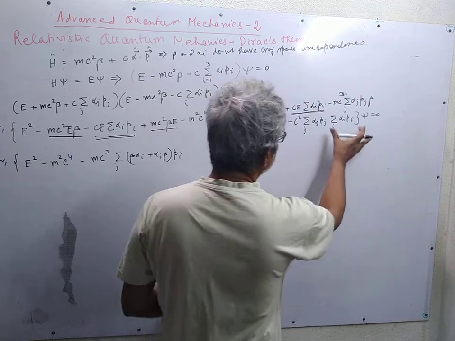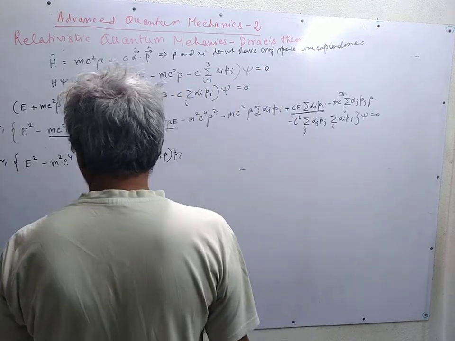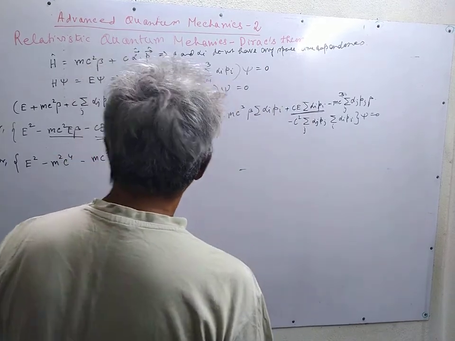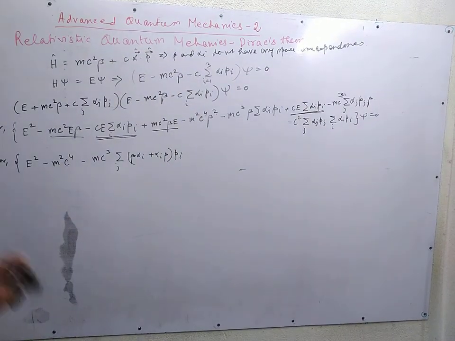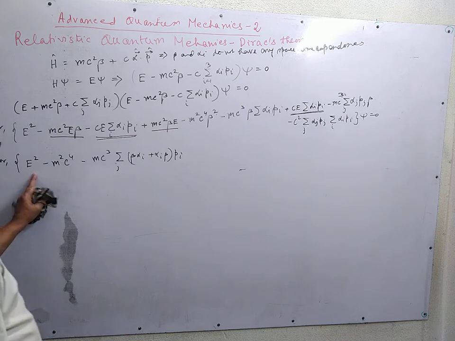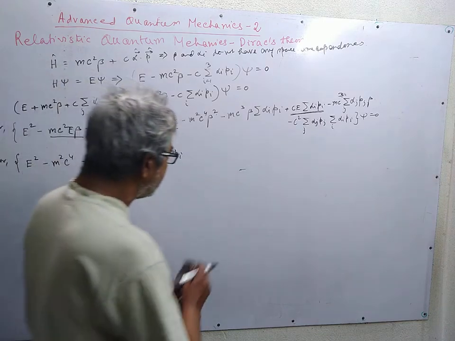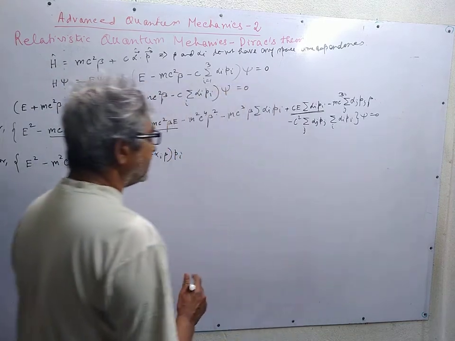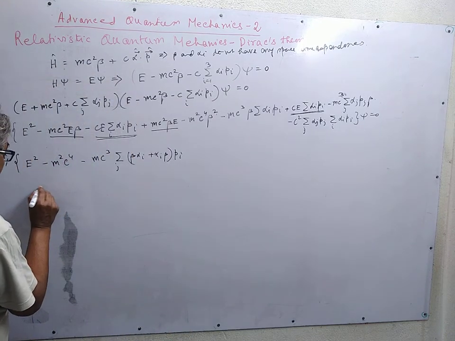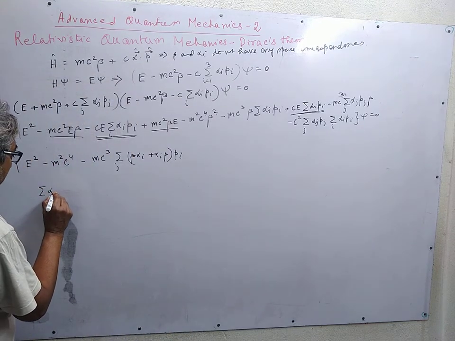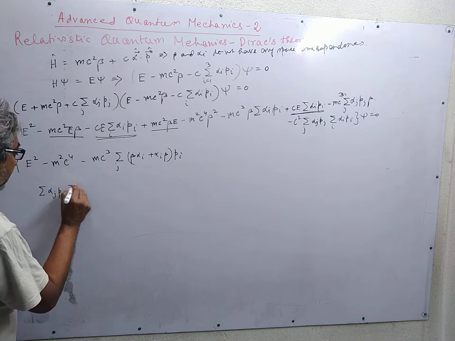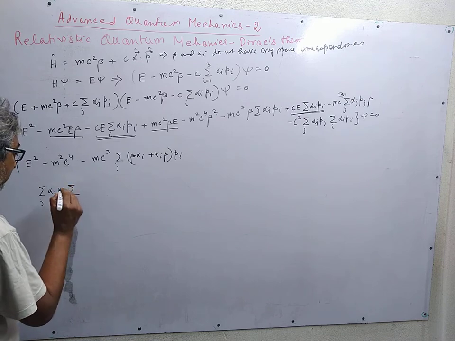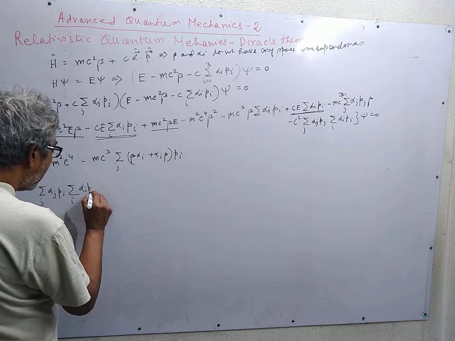Now we come to this term. Initially we had 9 terms, of which 4 cancel out. So we were left with 5 terms. So this is 1, 2, 3, 4, and only the last term is left over to consider. We recall that summation over j of alpha j pj times sum over i of alpha i pi.